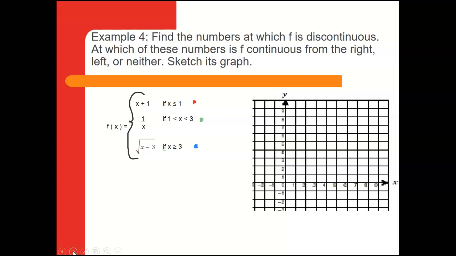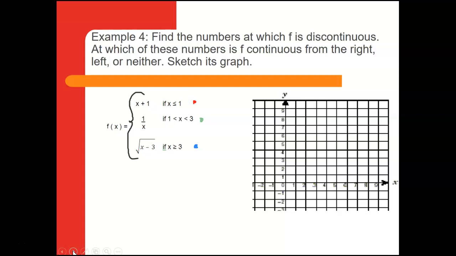So the top function is x plus 1 for x values less than or equal to 1. So that means I need to start my graph at 1 on x. I plug 1 in for x, and I get 1 plus 1, which is 2. Since it's less than or equal to, it's closed.